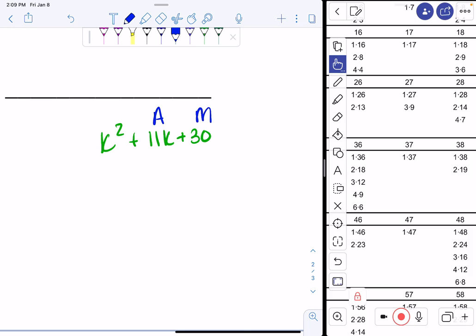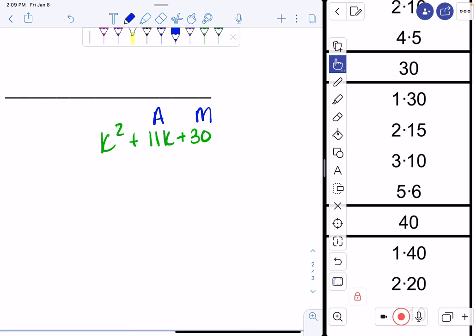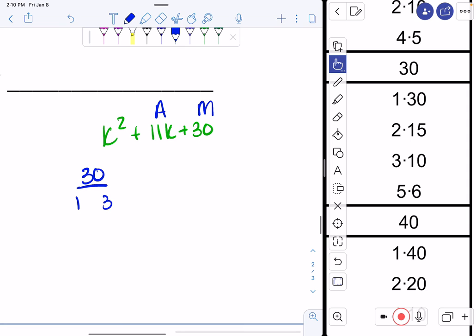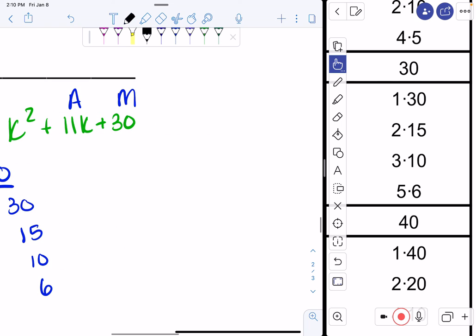I'm going to write down everything that multiplies to 30: 1 and 30, 2 and 15, 3 and 10, and 5 and 6. I hope that you see this combination right now. So I'm going to draw my diamond, put in my 30, I want to multiply to it, and my 11, I want to add to it.